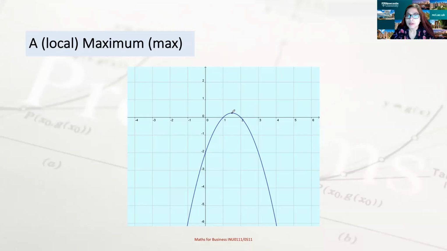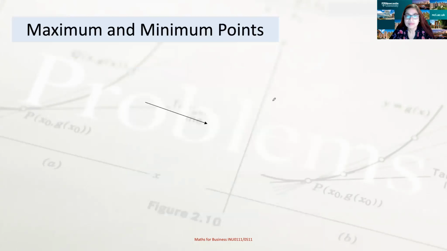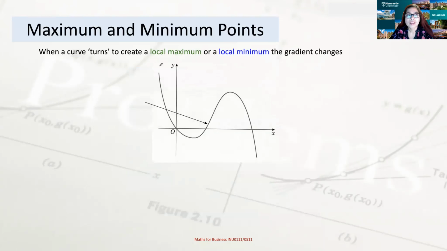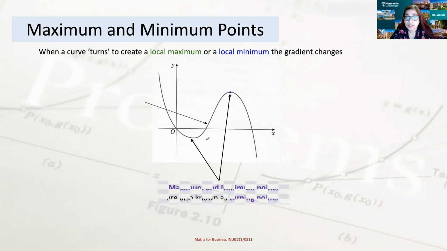And at this point, the gradient is going to be 0. So when a curve turns to create a local maximum, like this, or a local minimum, the gradient changes. For example, that's your local maximum and that's your local minimum.